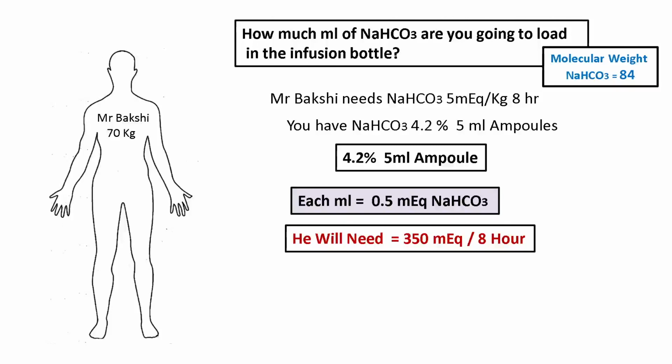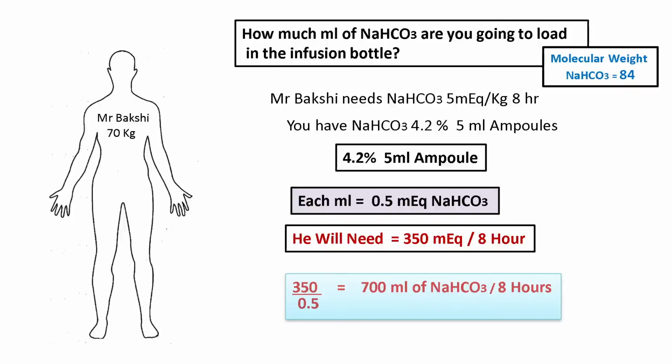So we divide 350 by 0.5, which means 700 ml of sodium bicarbonate needs to be given in 8 hours. So you should load 700 ml of sodium bicarbonate into the infusion bottle and set it over 8 hours.